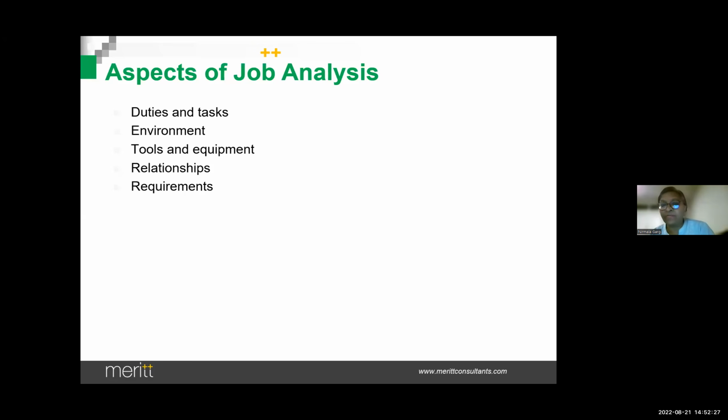So if there is any conflict, then we call up and then iterate it. So in this way, by using a job description from the ONET, you can actually finish in a very quick time as many job descriptions as possible. So that's the first document which you need to use.